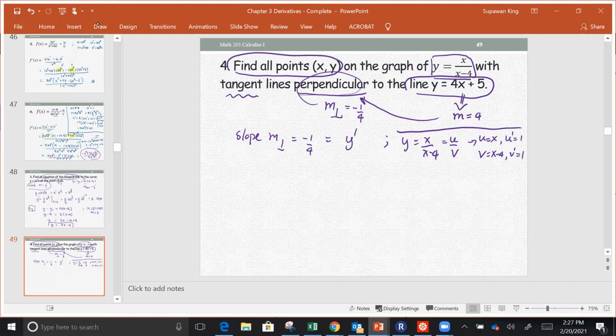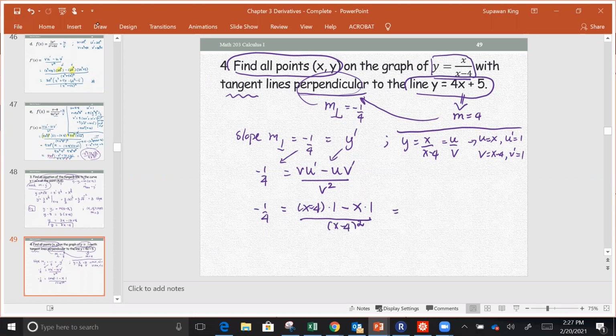To find the derivative, since the value of the derivative is negative 1 over 4, the y prime applying the quotient rule is v u prime minus u v prime over v squared. Negative 1 over 4 equals the v, which is the quantity x minus 4, times the u prime, which is 1, minus the u, which is x, multiplied by the v prime, which is 1, all divided by the v squared, which is x minus 4 squared.